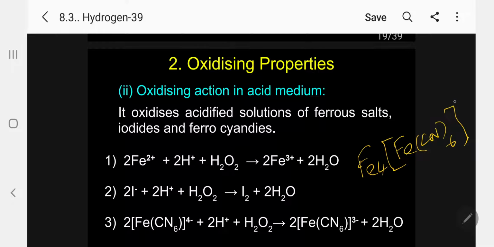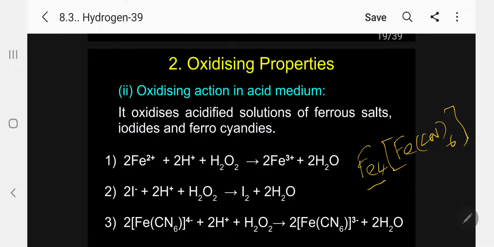So 4 minus means here the oxidation state of the Fe ion inside will be automatically 2 plus. Kindly follow. 6 minus from the ligands, there will be 2 plus, so 4 minus will be there.